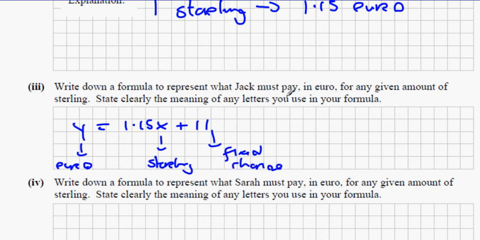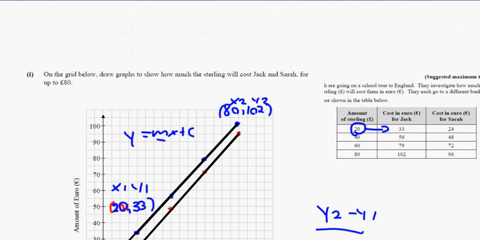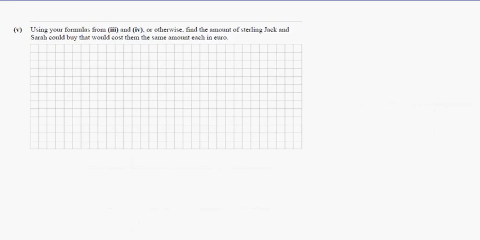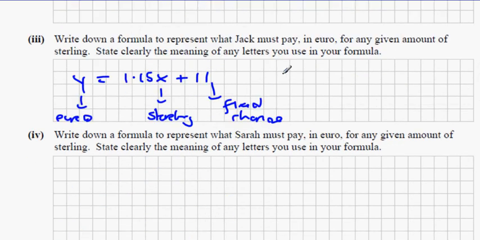So if you test out a point, looking back at the data, 80 sterling got us 102 euro. So if you look at 80 sterling, 102 euro will roughly equal 1.15 multiplied by 80 plus 11.